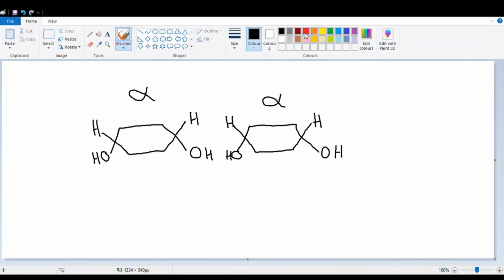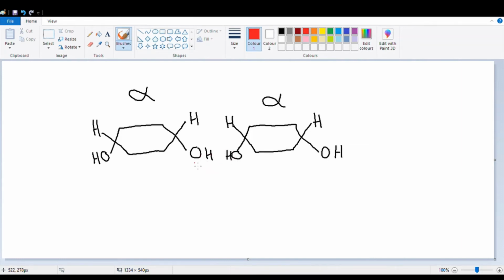So we want to draw out the substrates that are being involved in the reaction, and then we want to draw out specifically which atoms are involved in this reaction. Now, because this is a condensation reaction, we know that one of the products released is going to be water, and water's formula is H2O.